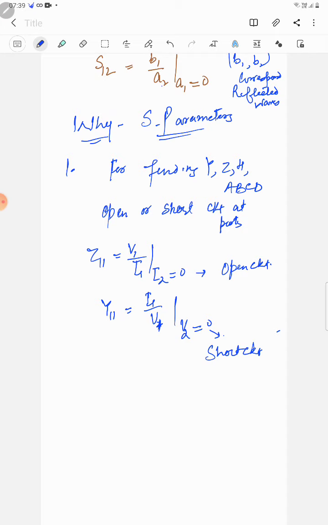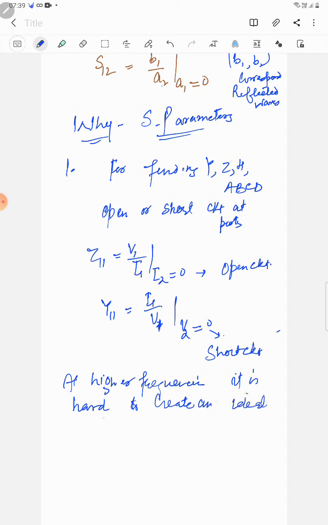But it is very difficult at high frequencies, or at higher frequencies, it is hard to create an ideal open circuit or a short circuit.